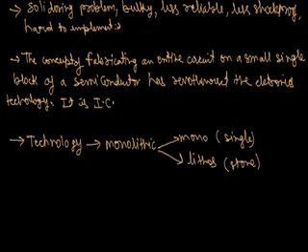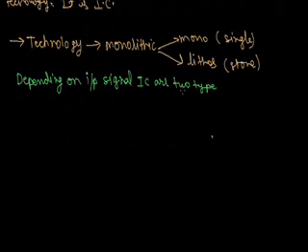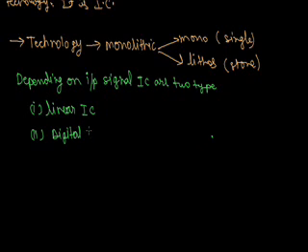Depending on input signal, ICs can be divided into many different types. ICs are of two types: first is linear IC and another is digital IC.